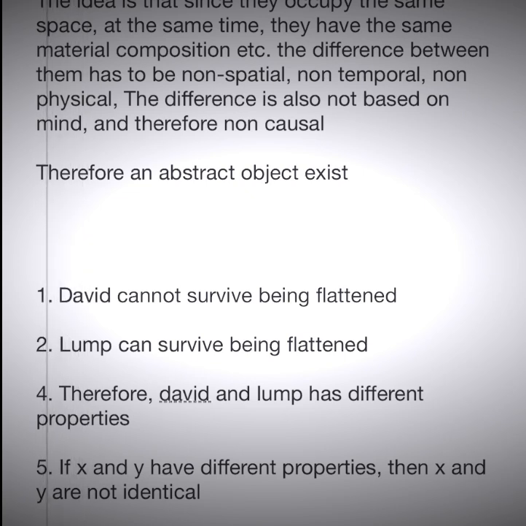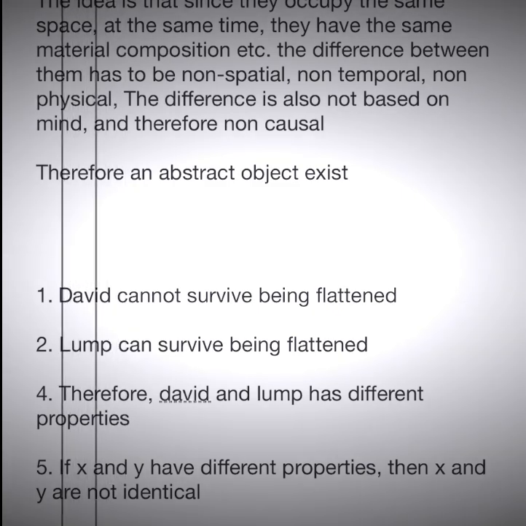If X and Y have different properties, then X and Y are not identical. This is a basic principle in philosophy called the indiscernibility of identicals. Almost everyone accepts it. If you do not accept this principle, it could lead to contradictions. So premise 5 is just the indiscernibility of identicals.